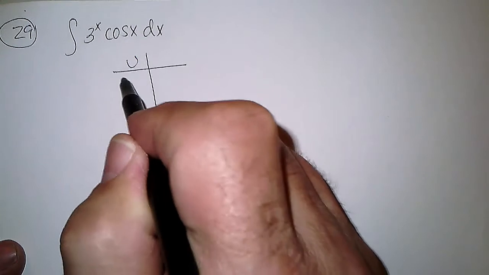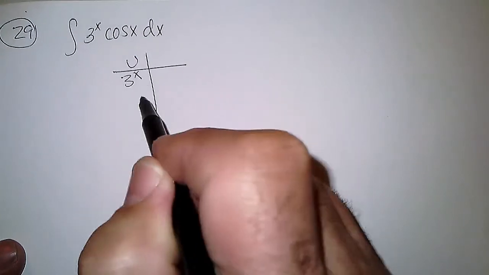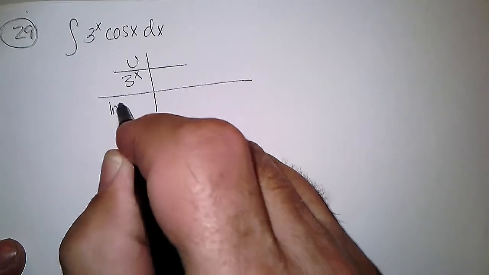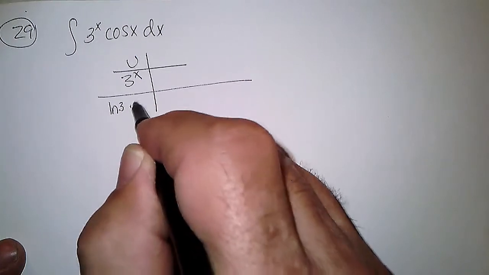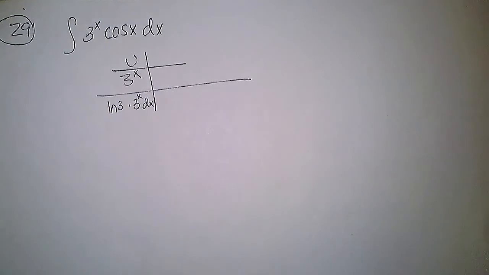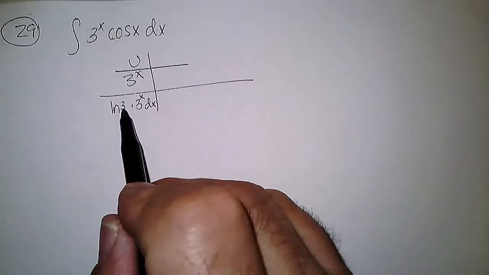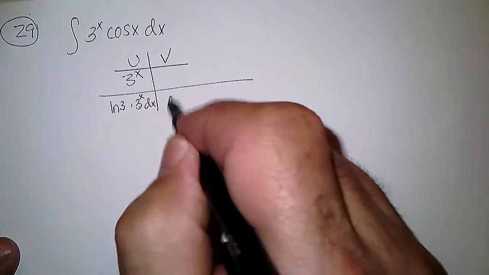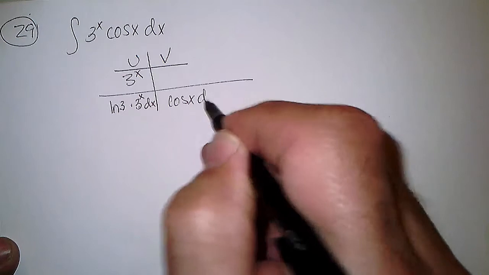If I let u be 3 to the x, the derivative is ln 3 times 3 to the x dx. It just produces an extra ln of whatever the base is. So dv would be cosine of x dx.